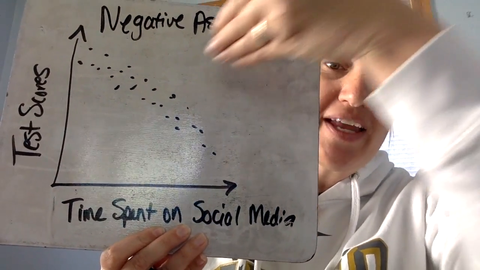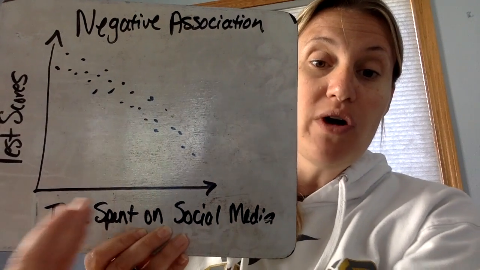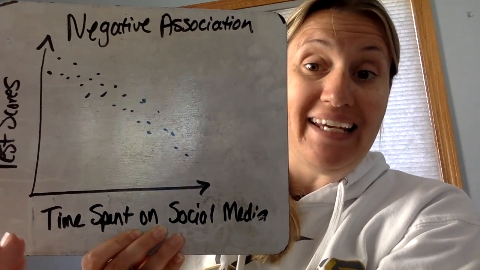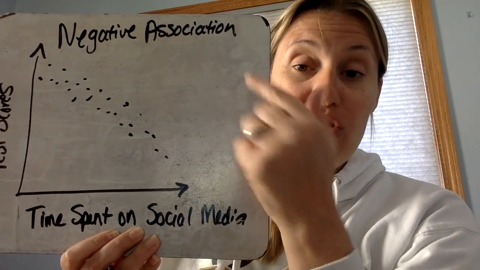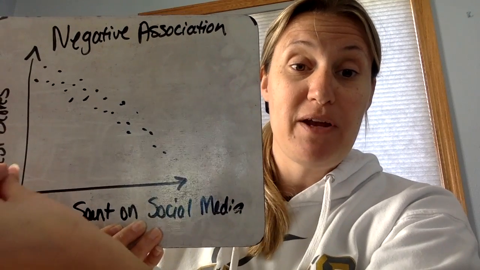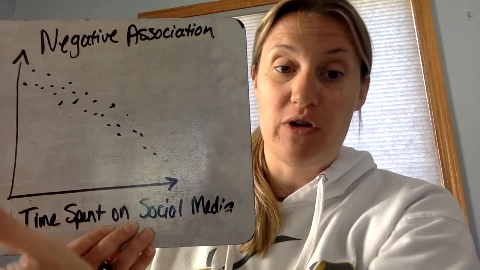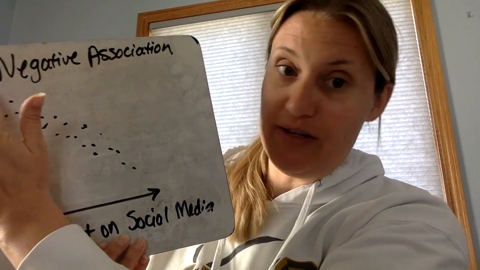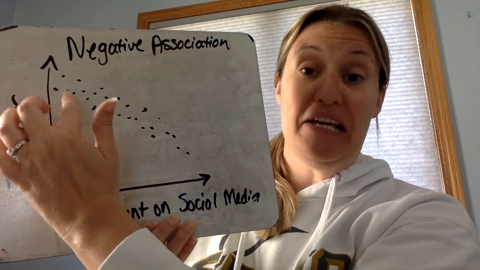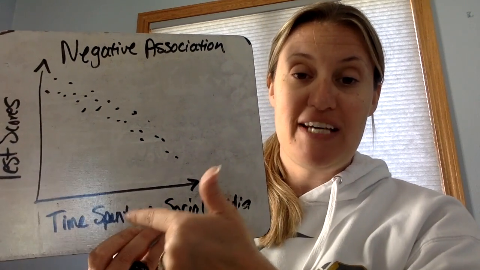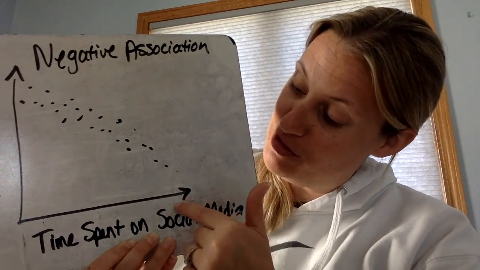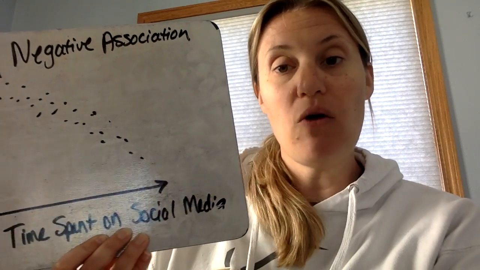So this is showing a negative trend, that the more time you spend on social media leads to lower test scores. So someone over here who's spending like 0 hours on social media is getting higher test scores. Someone down here who's spending a lot of time on social media is maybe getting a lower test score.